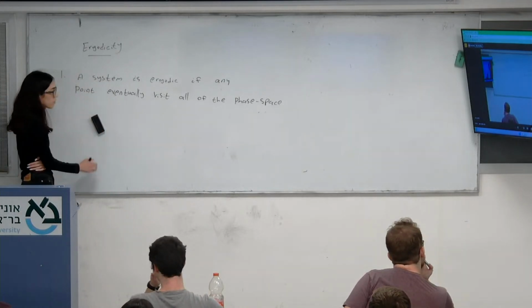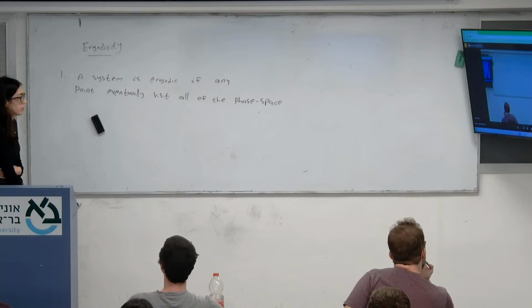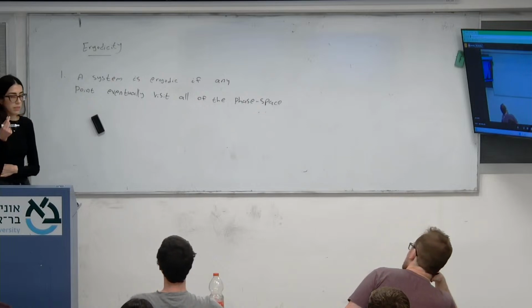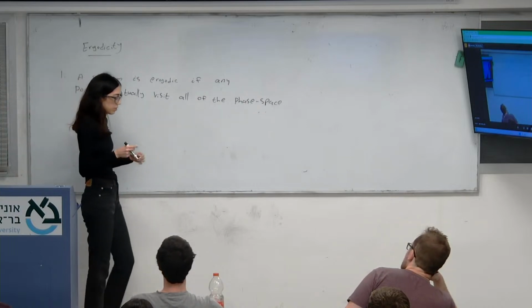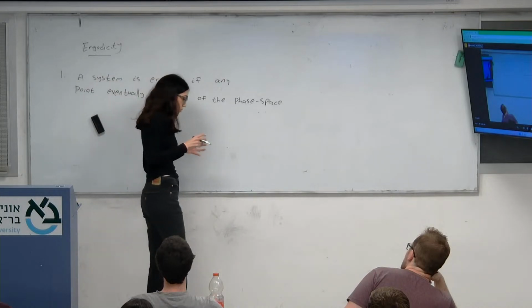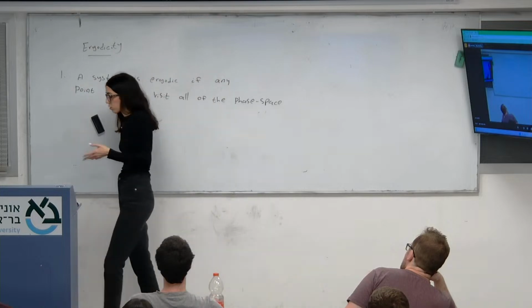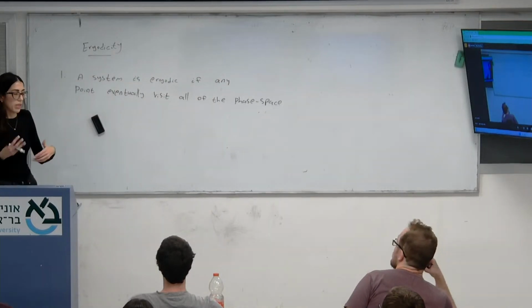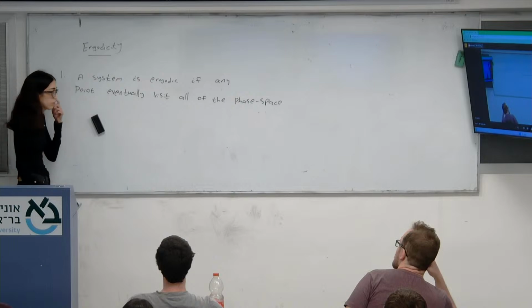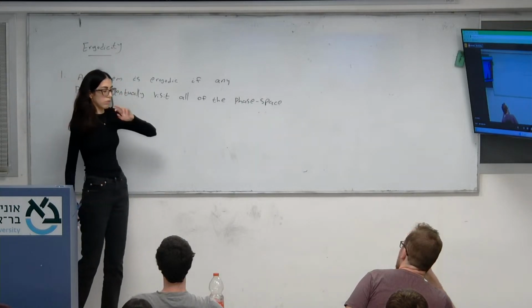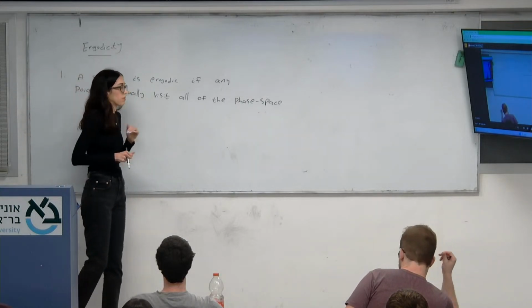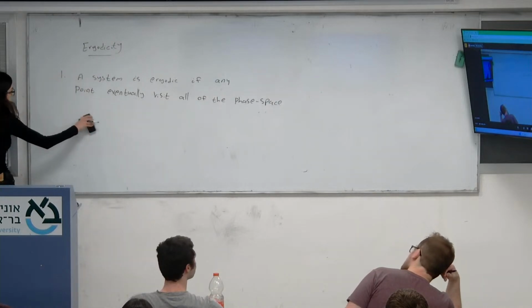On the other hand, if you have something like a harmonic oscillator, the motion of the system is constrained to some specific trajectories, so you're not necessarily going to get to any point that exists. I'm going to show a more concrete example in 2 minutes. So this is one definition.